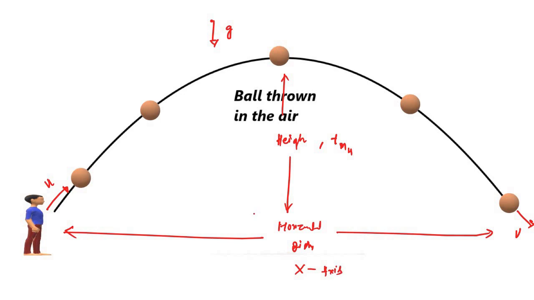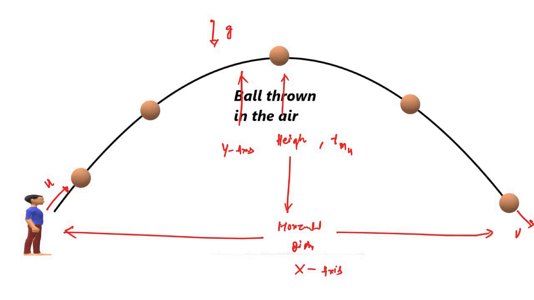Also, the ball reaches a certain maximum height, which is along the y-axis, and then finally it drops down to the ground. So the net vertical displacement is 0, but it undergoes some vertical motion during the course of the projectile motion.